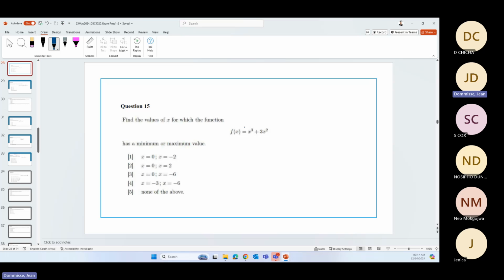What's your first instinct nearly to do? So they ask for minimum and maximum values. So what would you do when we see minimum and maximum values? Okay, differentiate.